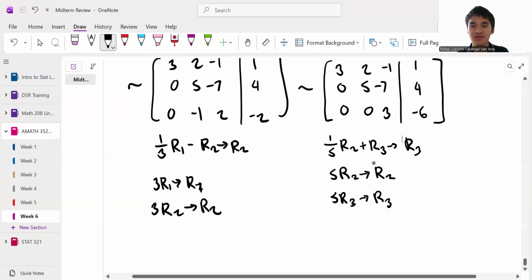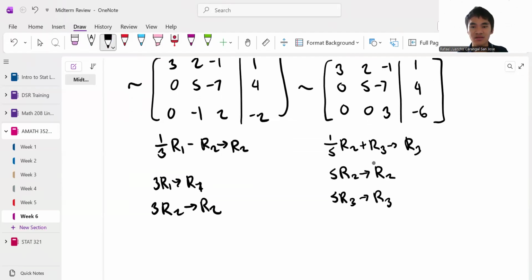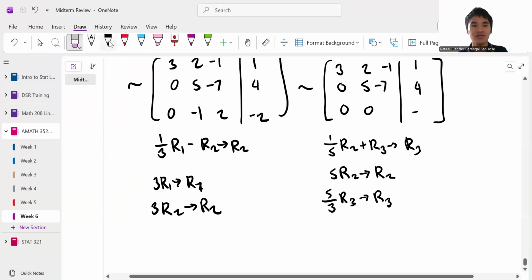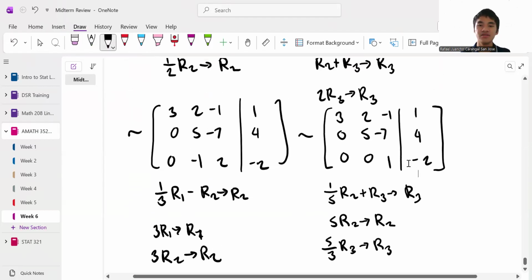Oh, okay, I could simplify this. I could say 5, because I multiplied by 5. Now I divide it by 3. So I could do 5 divided by 3, 5/3. So this one will then give me 1, -2. And there we have it, clean matrix.